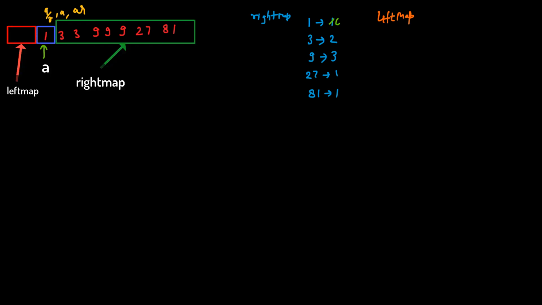So I'm reducing it to 0. And look at how many A by R exist on the left hand side. For checking the left hand side, we have the left map. Because nothing is there, there are 0 occurrences of A by R. So we should not calculate AR now, because this cannot be a valid pair as this element is missing.